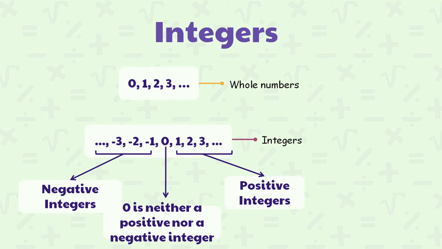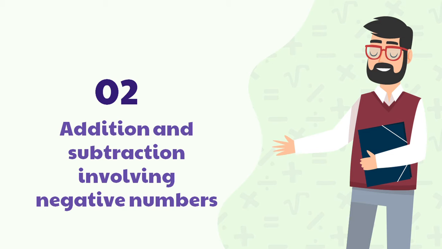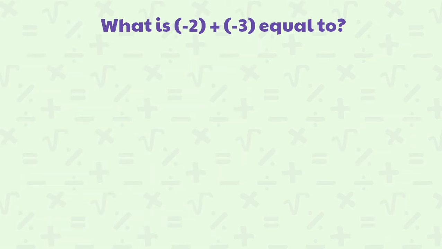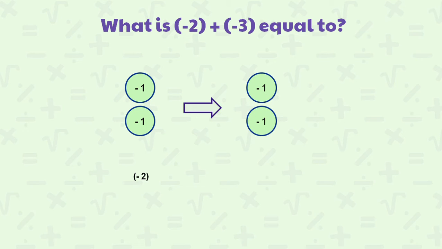Next, about addition and subtraction involving negative numbers. What is negative 2 plus negative 3 equal to? Negative 2 plus negative 3. Negative 2 first, and then you add 3 negative 1.